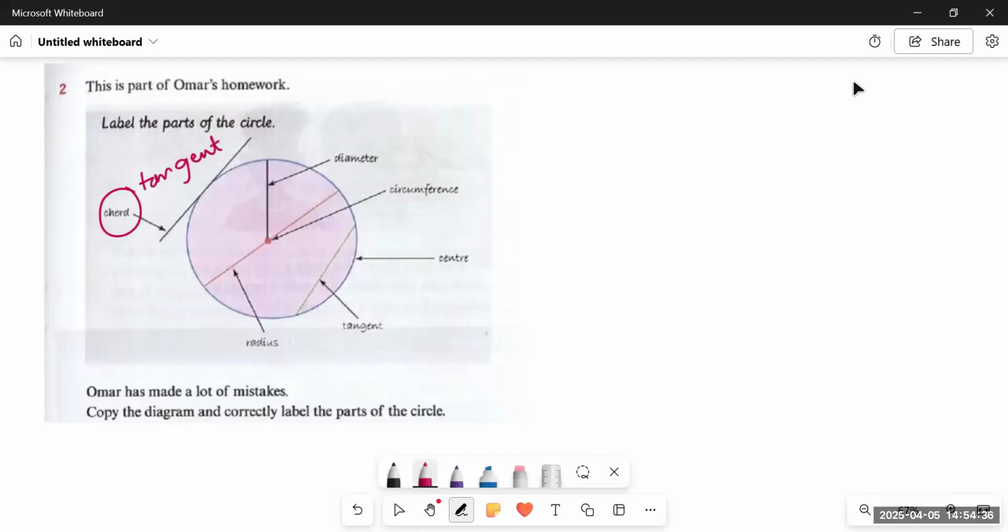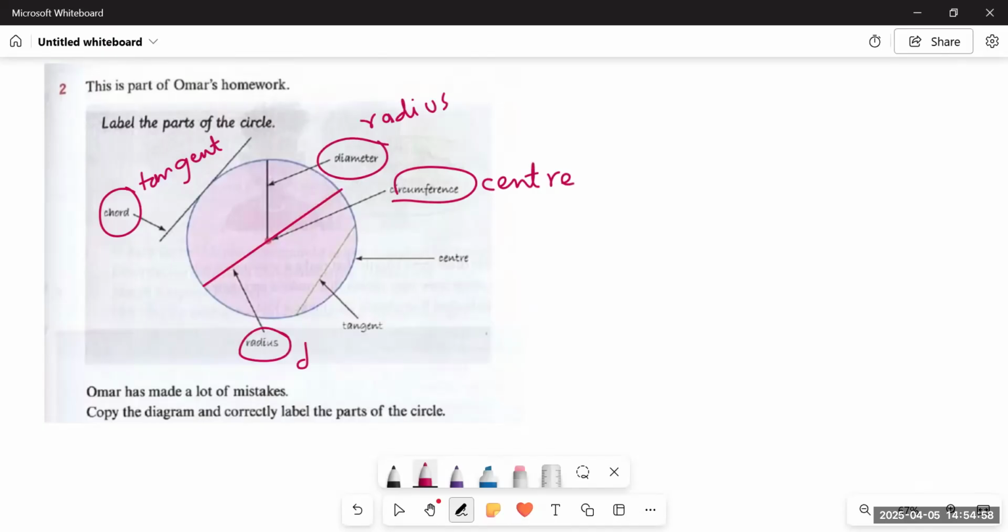And for the line that is passing through the center, he has written circumference. So this is the center point, sorry. And this is the diameter. So instead of writing it a diameter, he has written this line a diameter. So it's not a diameter, it's a radius. And for the diameter, he has written radius.